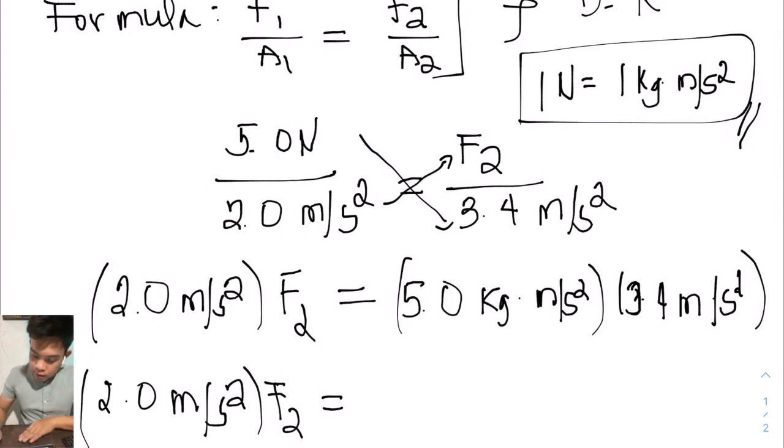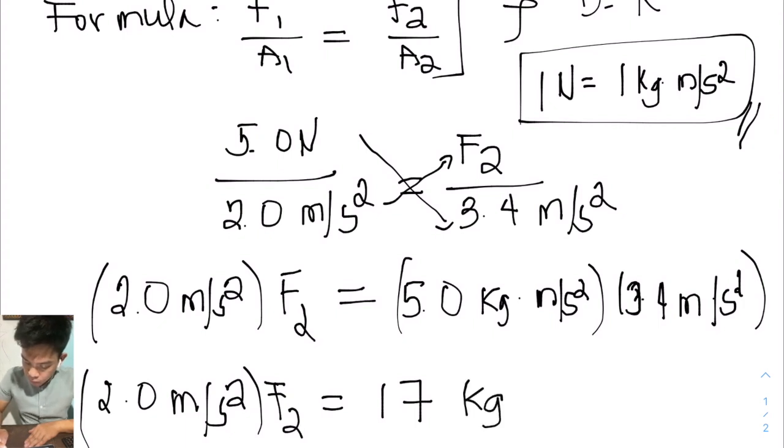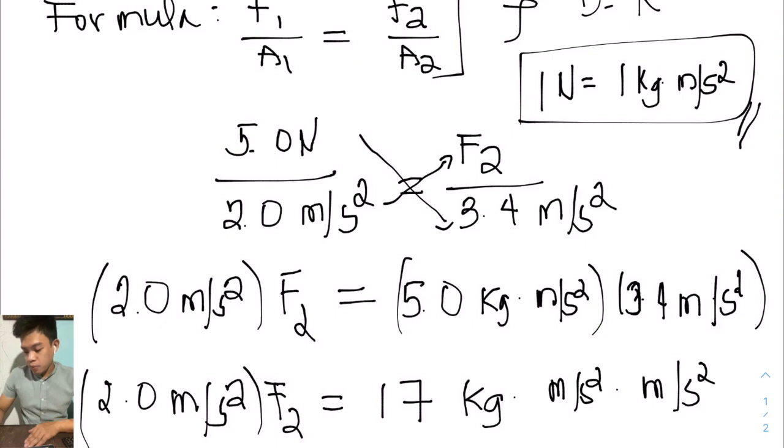The answer is 17 kilogram meter squared per second to the fourth.